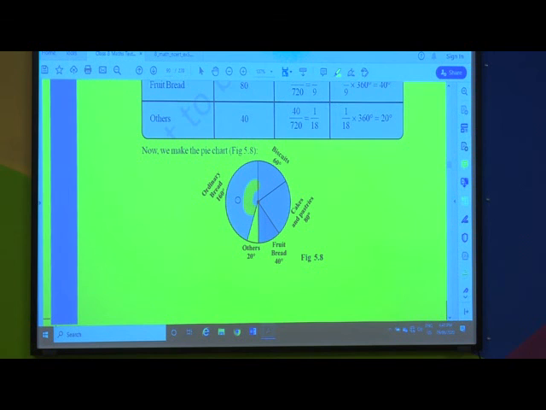Ordinary bread. After that, the next 20 degrees is others. After that, 40 degrees is fruit bread. After that, 80 degrees is cakes and pastries, and the remaining 60 degrees is biscuits.